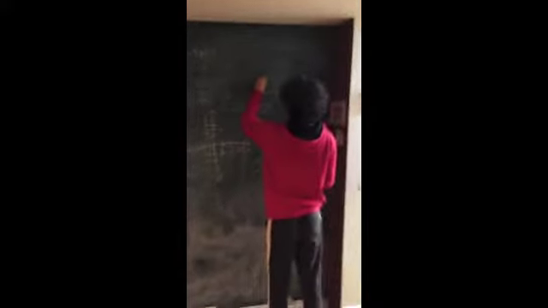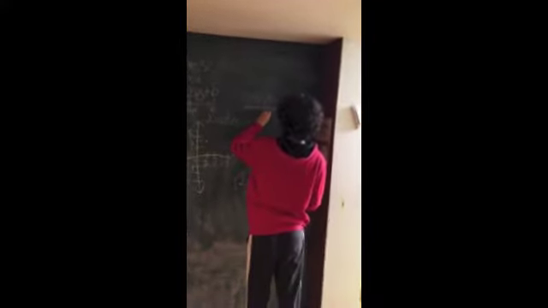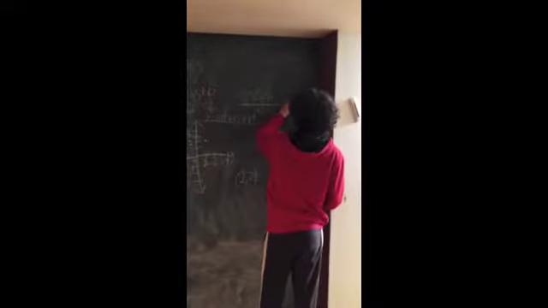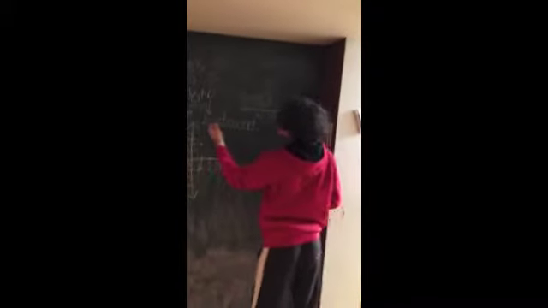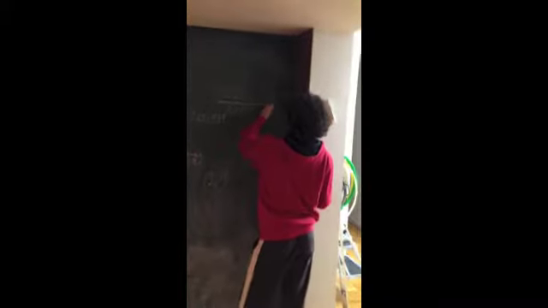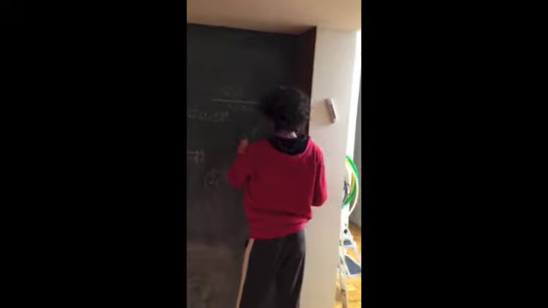Now, the formula for finding a slope is y2 minus y1 over x2 minus x1. 19 minus 15 is 4. x2 is 4, x1 is 3. So 4 over 1, which gives us a slope of 4. This is correct because it lines up with our y equals mx plus b equation.